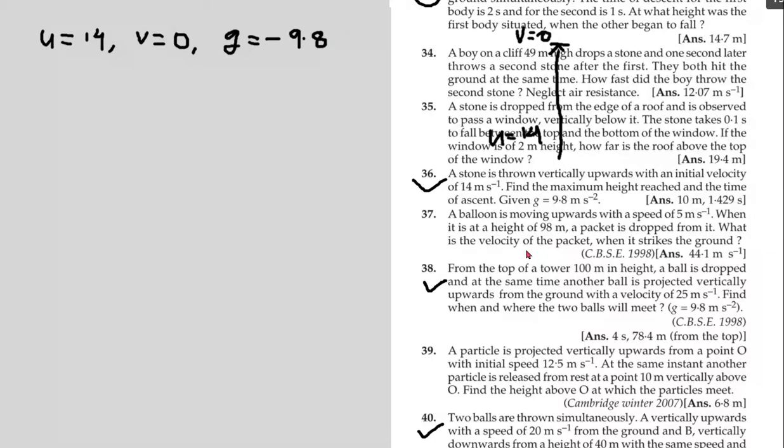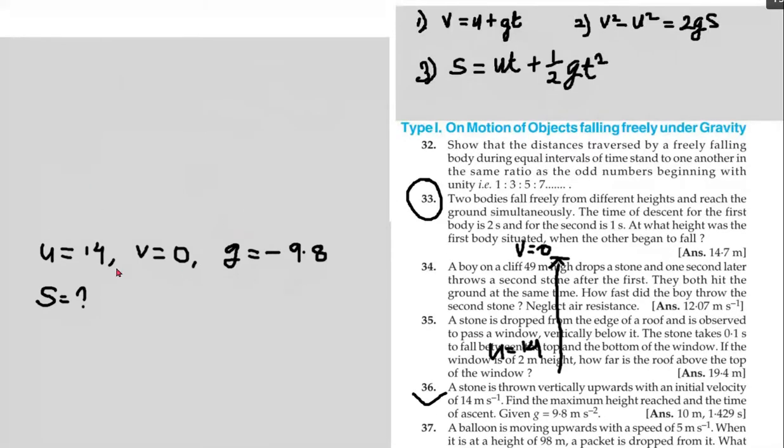I have to find the maximum height, that is s. I have u, v, g, and I have to find s. I can't use equation 1, because I have v, g, u but I don't have s. Equation 2 has v, u, g and s. I can find height from equation 2.